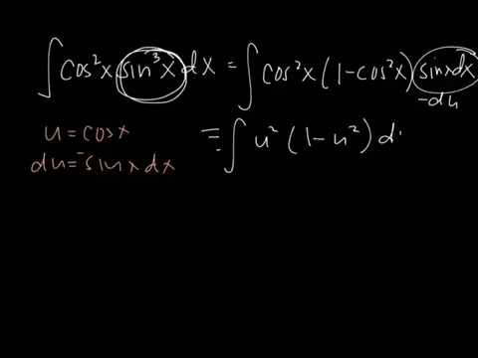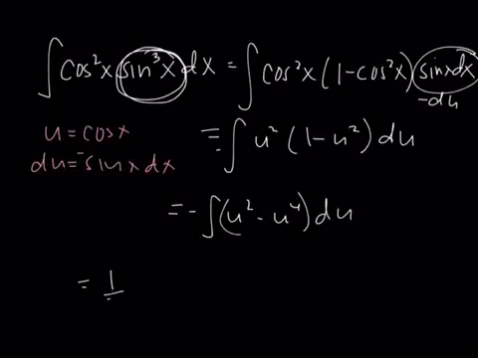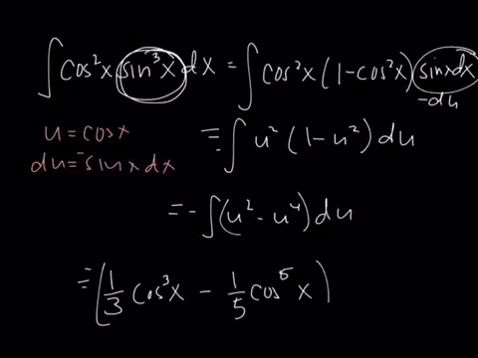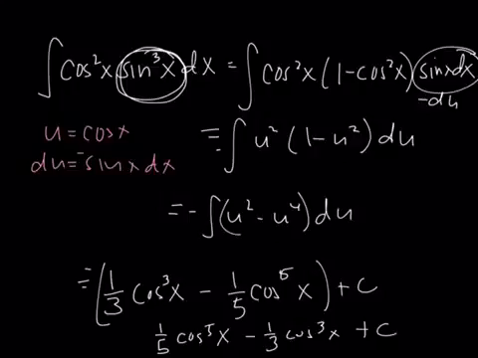So negative du equals negative u squared minus u to the 4th du equals 1/3, don't forget that negative, 1/3 cosine 3rd x minus 1/5 cosine 5th x plus c, which is going to be 1/5 cosine to the 5th x minus 1/3 cosine to the 3rd x plus c.